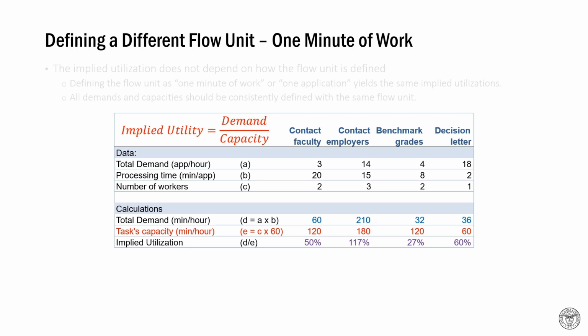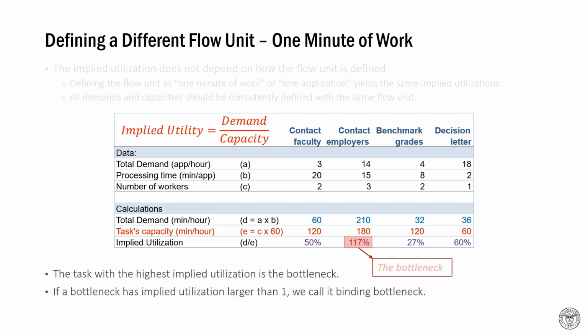For the contact employee task, the total demand is 210 minutes, and the capacity is 180 minutes, leading to an implied utilization of 210 divided by 180, which equals 117%. The benchmark grade task has an implied utilization of 32 divided by 120, or 27%, and the decision letter task has an implied utilization of 36 divided by 60, or 60%.